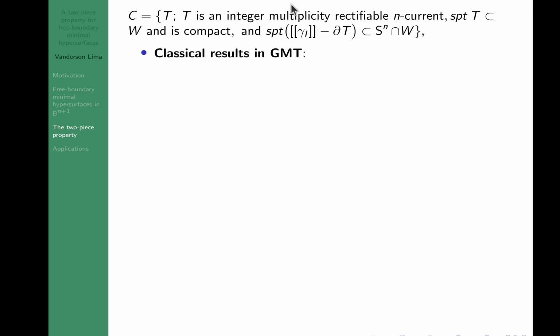Here we have to minimize the mass, but the mass in the case of submanifolds is actually the volume. So a classical result in GMT says that there is a minimizer for the mass on this class, but first this can be a current, and we don't know if the current is obtained by some smooth submanifold. We would like that to be true.